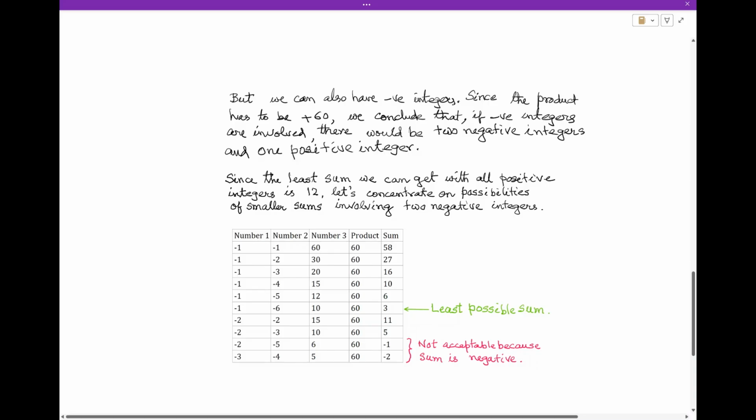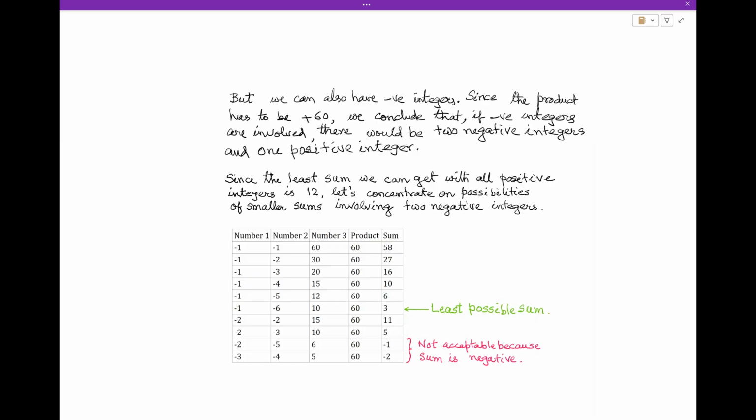But there is no restriction that all numbers should be positive, and we can also have negative integers. Since the product has to be plus 60, we conclude that if negative integers are involved, there would be two negative integers and one positive integer, so that the product will be positive and the sum could be something, either positive or negative.